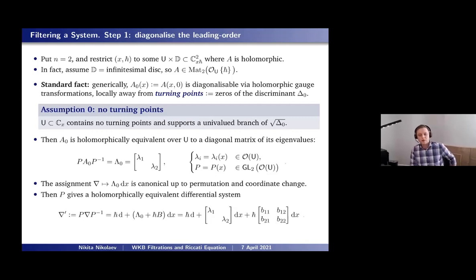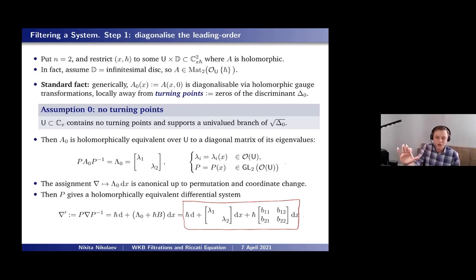So I've transformed the leading order of my connection, but now I can use the same gauge transformation. It's only x dependent, it doesn't depend on h bar. So I just transform my system nabla by it, and I get a new system which still has a complicated form, but a simpler and more useful one.